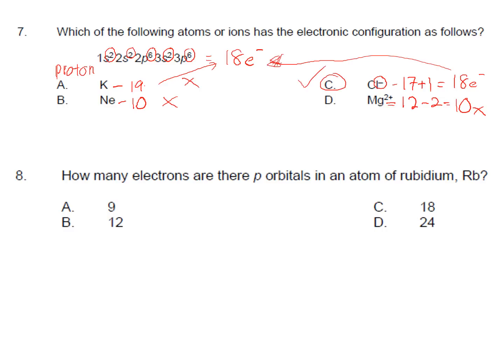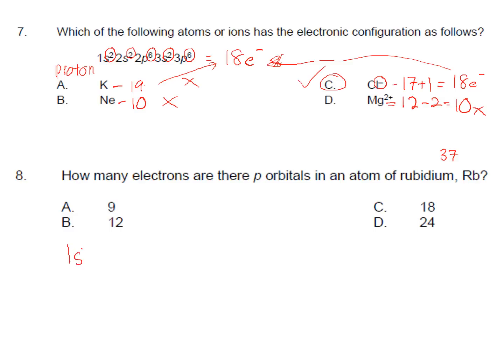Okay, so how many electrons are there in p orbitals in an atom of rubidium? First we have to know the rubidium proton number based on the yellow page. The proton number of rubidium is 37. So we need to write the SPDF notation based on the Aufbau principle.